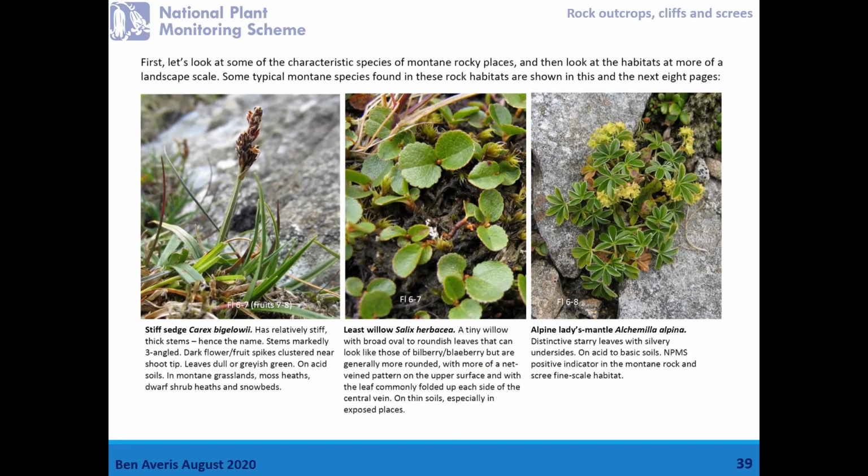It's very, very common in many places, right up in the montane zone, in quite a range of habitats, including rocky ones. Least willow can do quite well in amongst rock crevices, rock cracks, among cracks in slabby, exposed rock outcrops in the montane zone, and is very small.